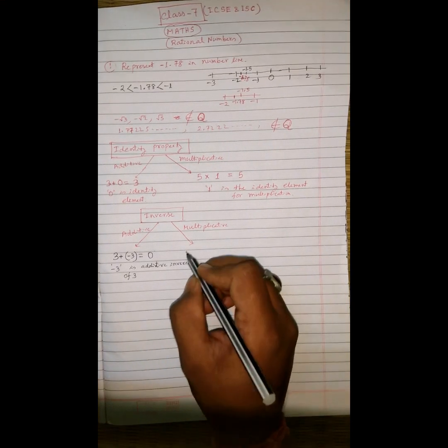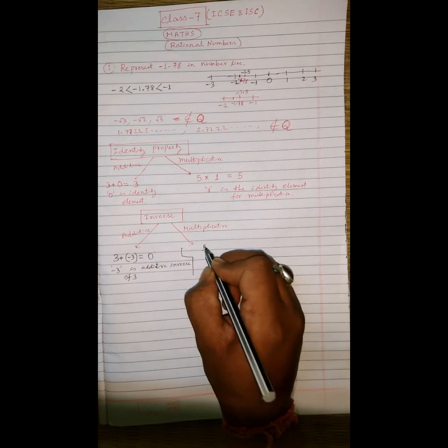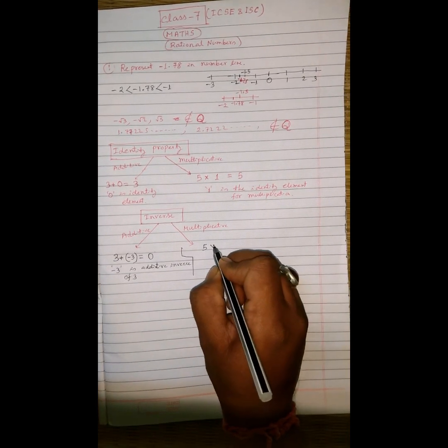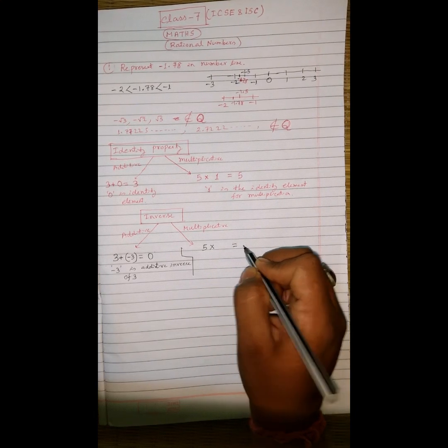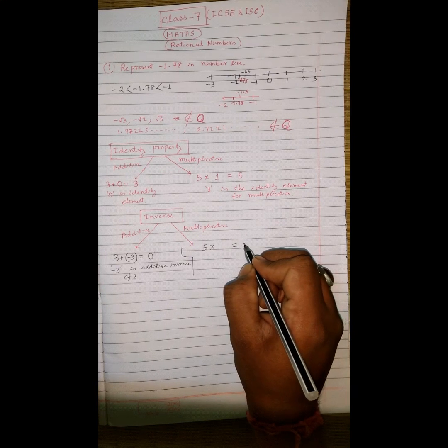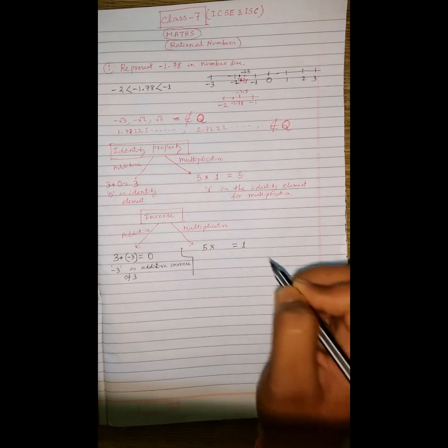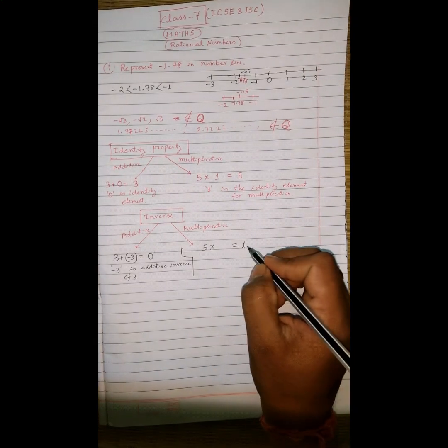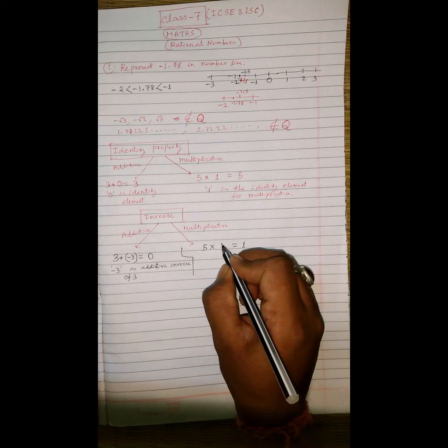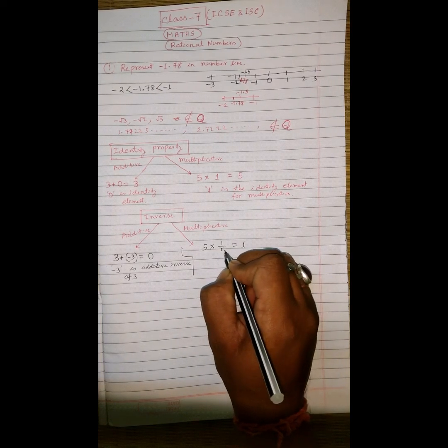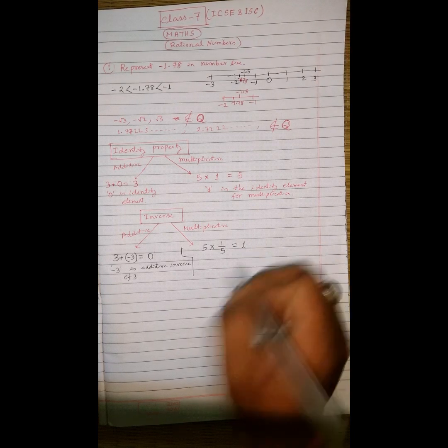Now the multiplicative inverse. If we take the number 5, what should we multiply with 5 so that the multiplicative identity element comes? Obviously its reciprocal, then 1 will come.